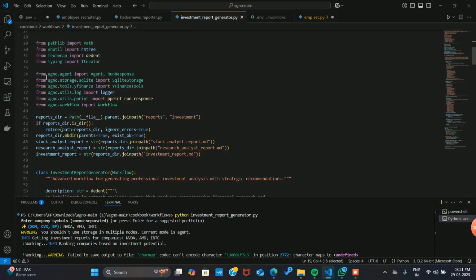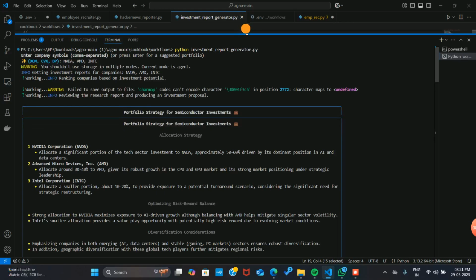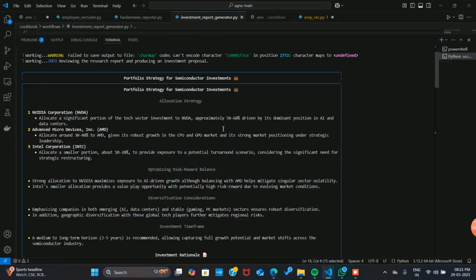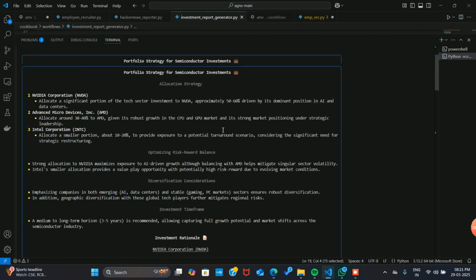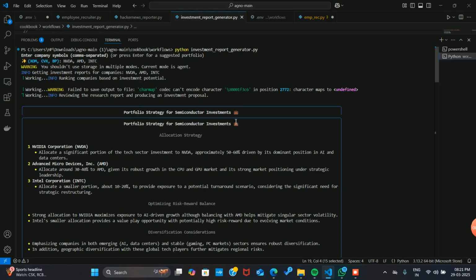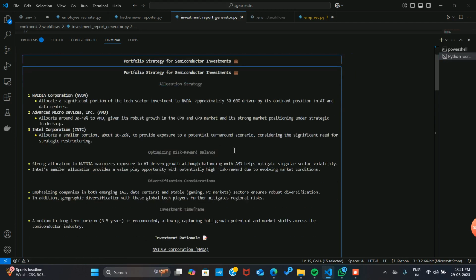We've got a bunch of reports here, but let's look at what it has done for us. This is my terminal, and we fired up this program, and you will see that it's been working, getting data, and this is what it has formulated for us: the portfolio strategy for semiconductor investments.